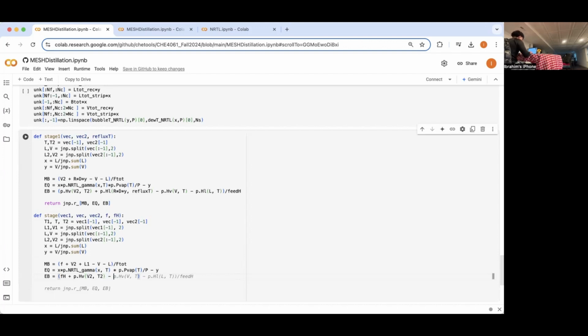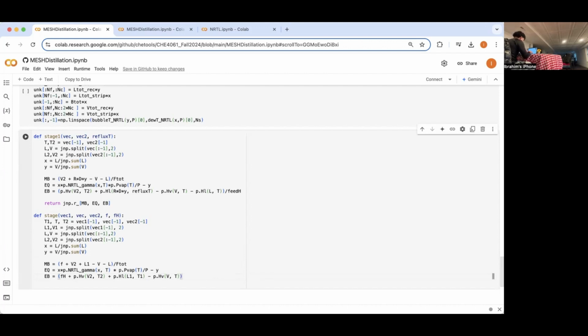And then we'll go ahead and, is this minus or plus? I believe it'll be plus. Yeah, so plus our liquid enthalpy, so HL for L1 and T1. Then we can go ahead and do our vapor enthalpy again. However, this one will be for V and T.